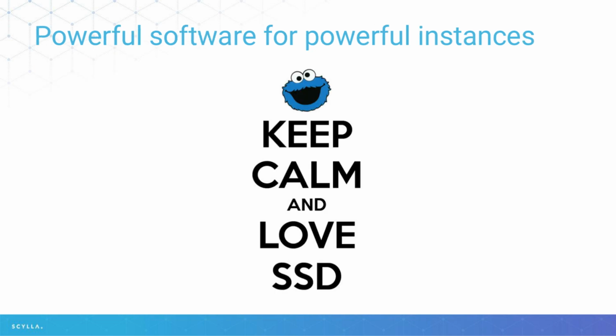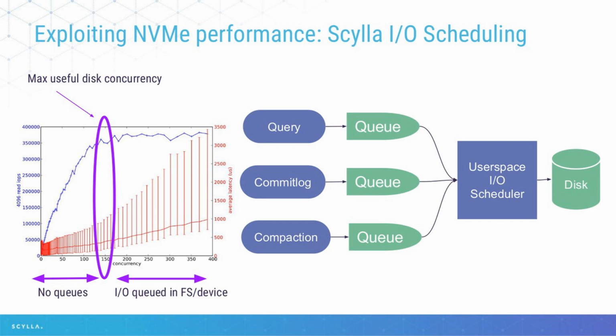Great. So as Glauber showed us, basically we have a very performant machine. But as we saw in the last two workloads, we have a very performant system underneath it in the SSDs. And we love SSDs. The reason is we have a very good way to understand how the I/O profile looks on your machine. And how we do it: basically, we profile the maximum concurrency you can have on a volume. In this case, we have a RAID 0 setup.